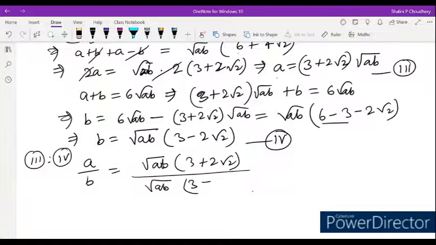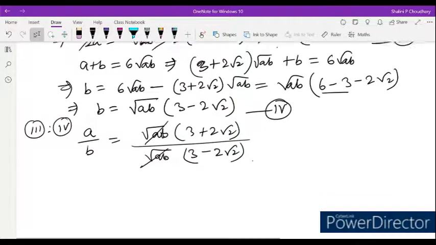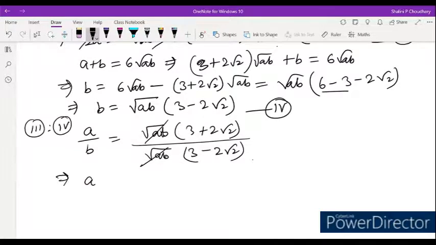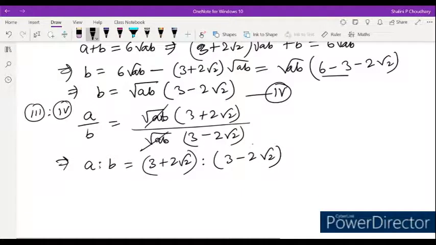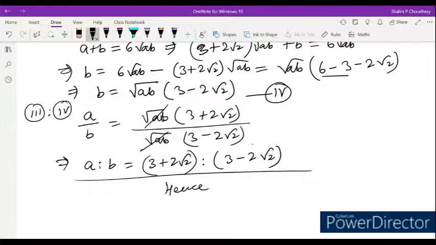So the square root of AB cancels. So the ratio of the two numbers A is to B is equal to 3 plus 2 root 2 is to 3 minus 2 root 2. This is what we had to prove, and hence proved.